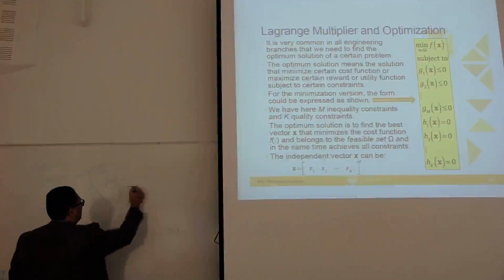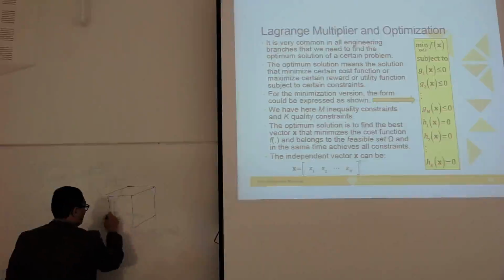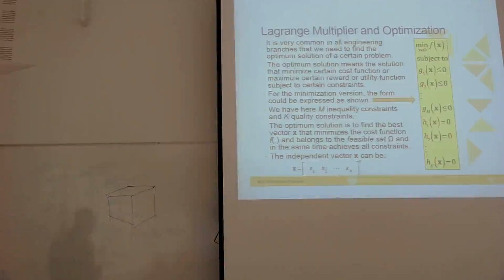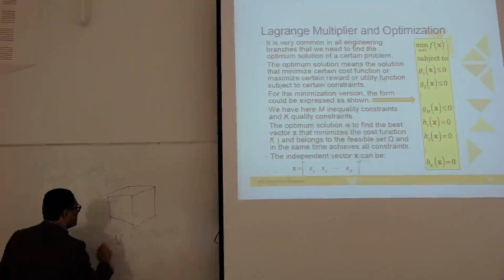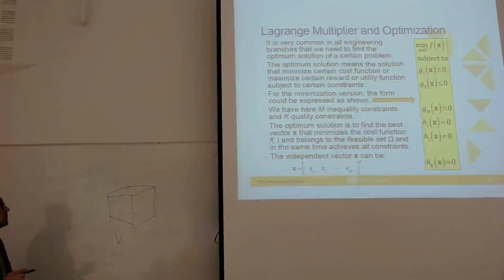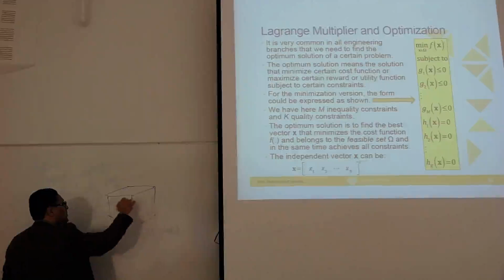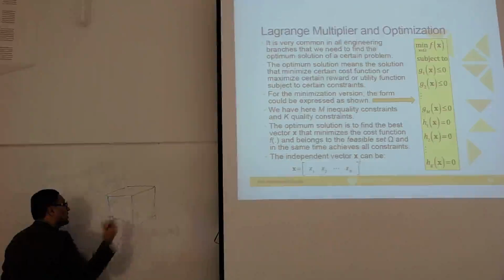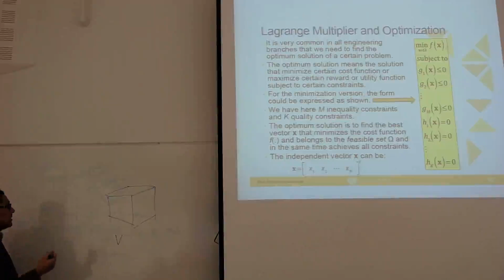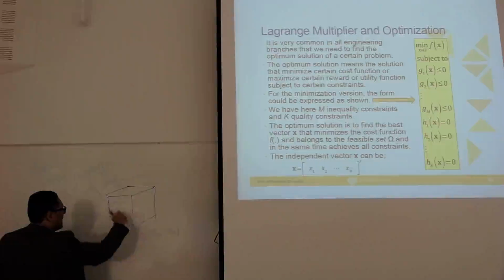For example, if you want to design some box, and you want to have a certain volume of this box, but at the same time you want to minimize the surrounding area. So we can find what we would like to minimize.